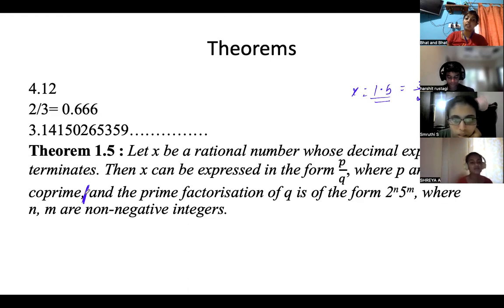Now, the next thing in the statement is that the prime factorization of q is in the form of 2 raised to n and 5 raised to m, where n and m are non-negative integers.